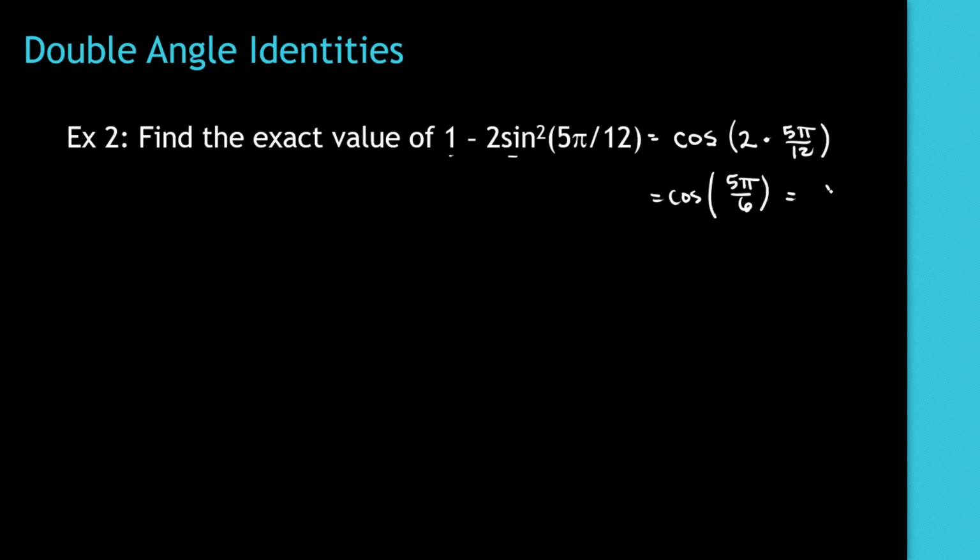Cosine at pi over 6 is square root of 3 over 2. But let's remember our unit circle. Pi is over here. This is 6/6. So 5 pi over 6 is over here. So that's going to be negative when I take the cosine value.